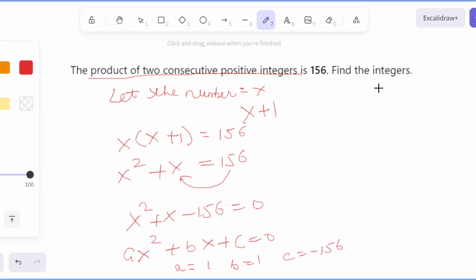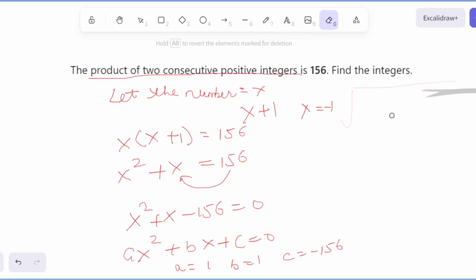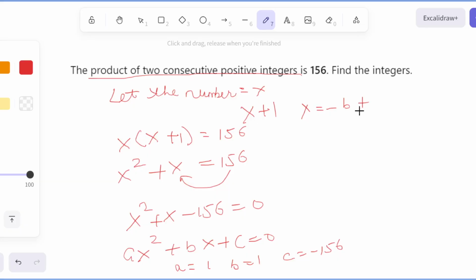Now, quadratic formula, if we use, that says it's, I think, left space. Quadratic formula is minus b plus minus square root of b square minus 4ac upon 2a. Now we just have to plug in the values.